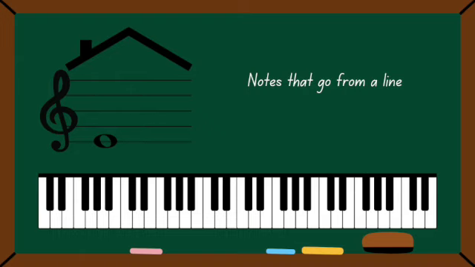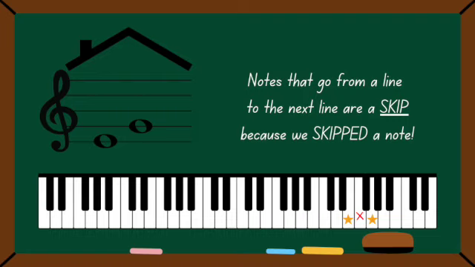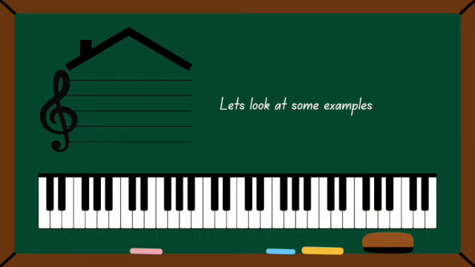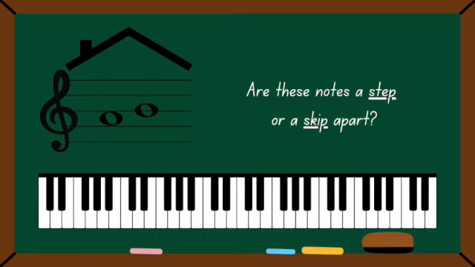Notes that go from a line to the next line are a skip because we skipped a note. So here you can see we have 2 different notes on lines. This is called a skip. Let's take a look at some examples. Can you tell if these notes are a step or a skip apart?